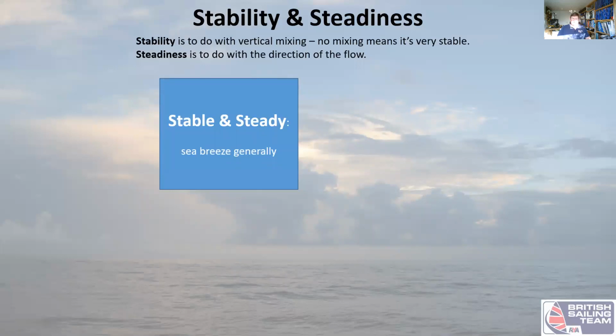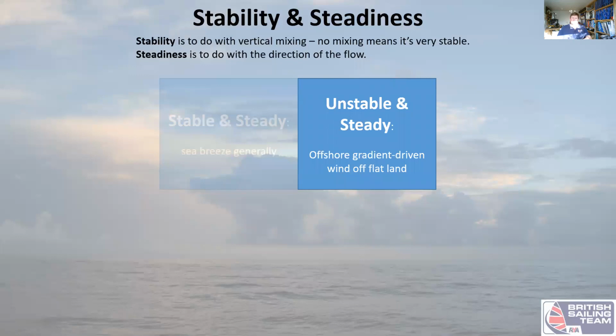So if the wind direction isn't changing very much, for me that's a steady wind. So you could have a stable and a steady wind, and the sea breeze normally fills that definition quite nicely. So its direction is pretty steady, and it's not very well mixed, so you don't have very big gust to lull difference. So that's a stable and a steady wind.